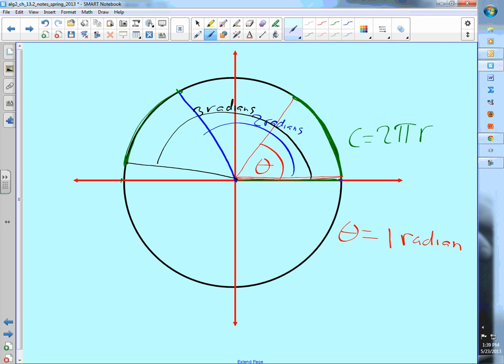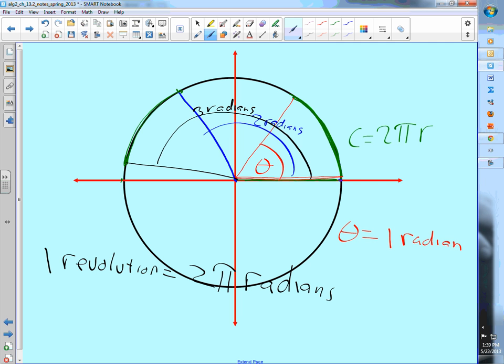One time around the circle, 360 degrees, right? In radians, 1 revolution is equal to 2 pi radians.